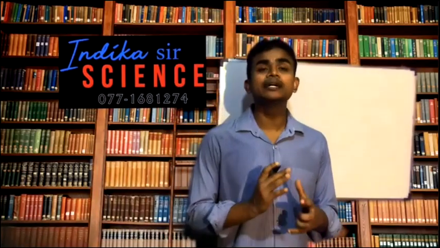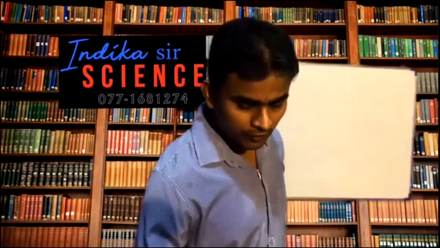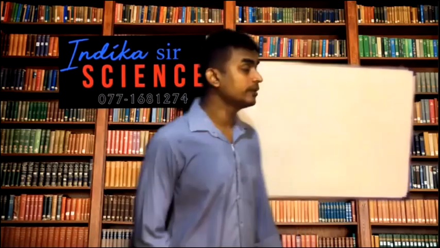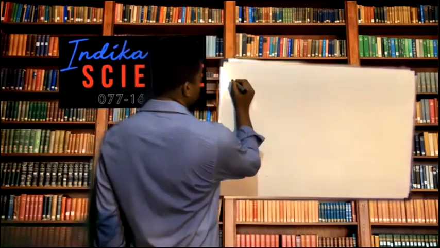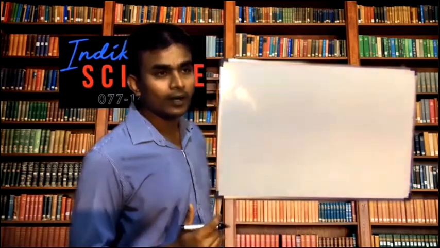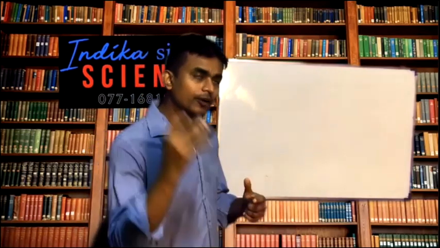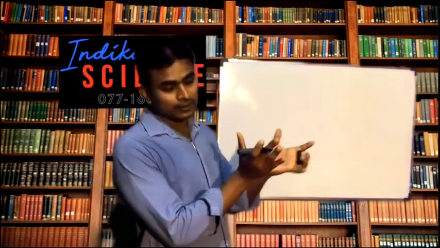What are the things needed for photosynthesis? In Grade 6, we learned about the factors needed for photosynthesis. What are the things needed for photosynthesis in order to produce food? Green plants follow the photosynthesis process.